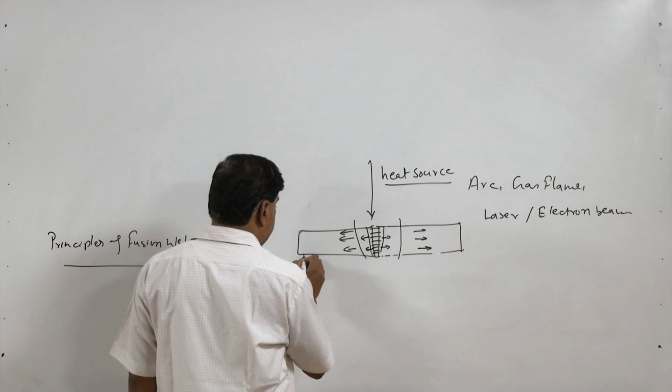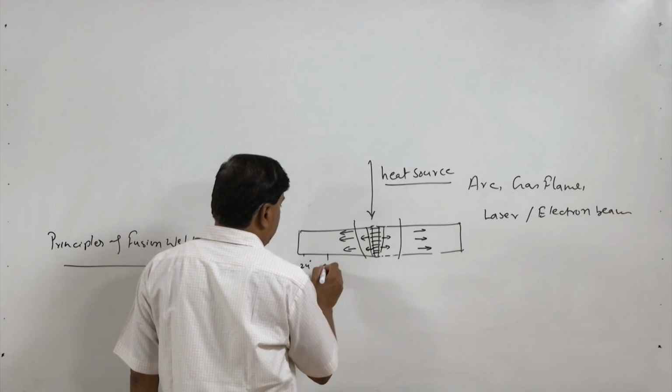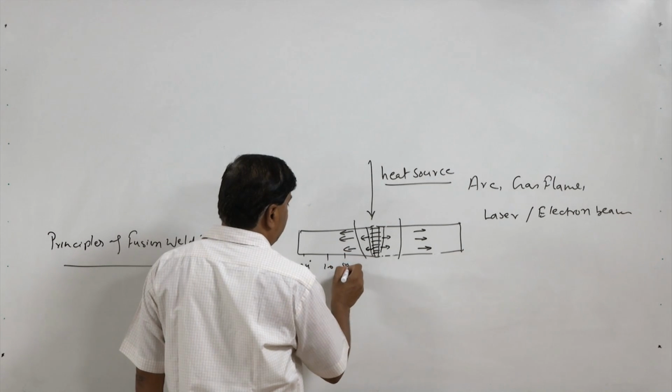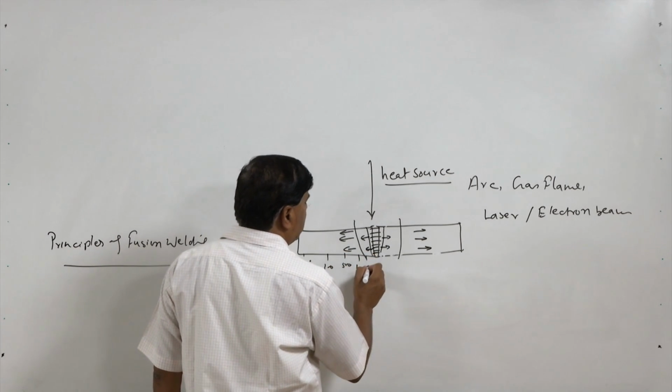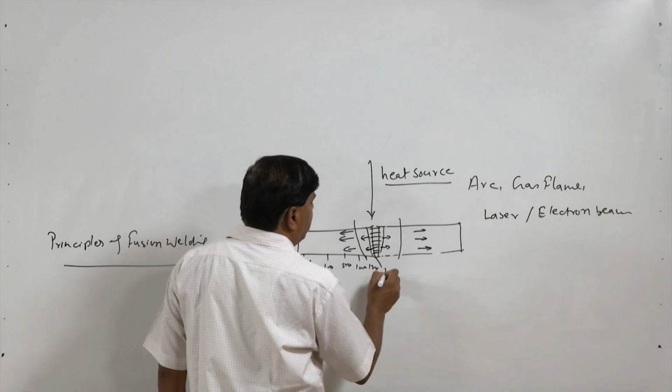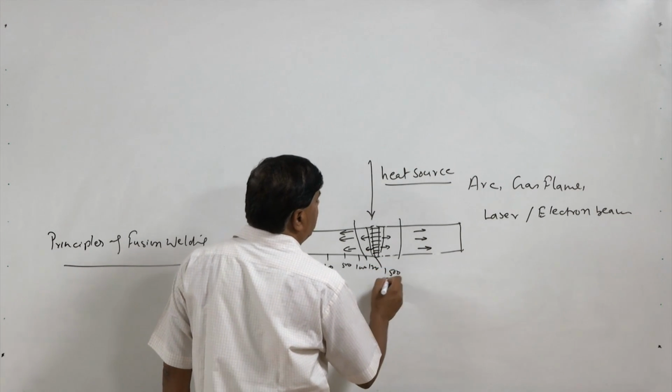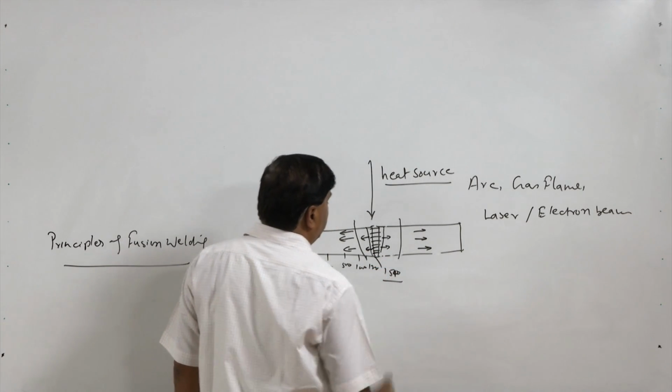Say here it may be 24 degrees, then 100 degrees, 500 degrees, 1000 degrees, likewise say 1200, say 1500 in case of the steels, or 1540 degree centigrade.